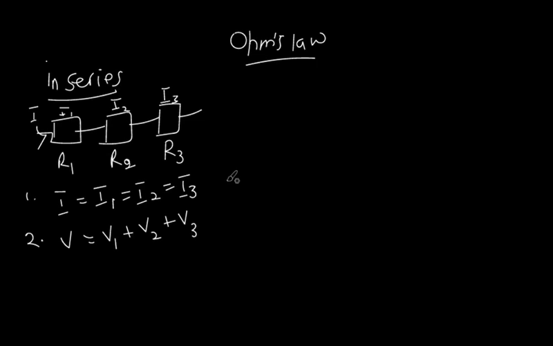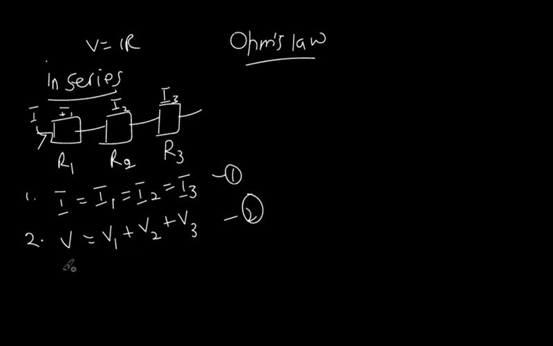Now we know Ohm's law is V equals IR, and in series we have the same current passing through and the voltages add up. What then do we do? Let's look at how to get the total resistance using these two assumptions.